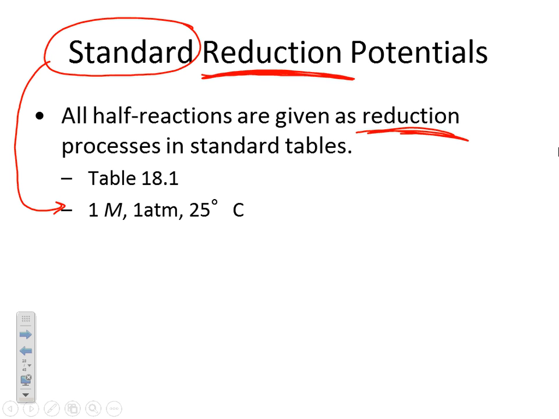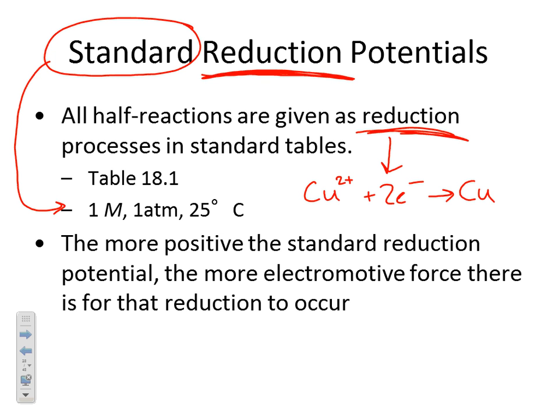So if we consider the reaction on the previous page, the one with the zinc and the copper, for example, that copper reduction half reaction would be Cu2+ plus 2 electrons goes to Cu0. That is that particular copper half reaction. Notice that we are in fact reducing the charge. And the point about this list of standard reduction potentials is right here.